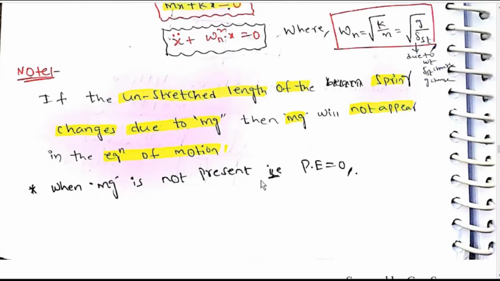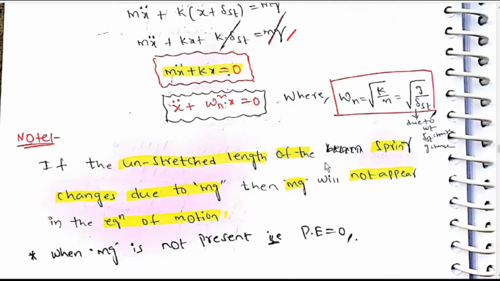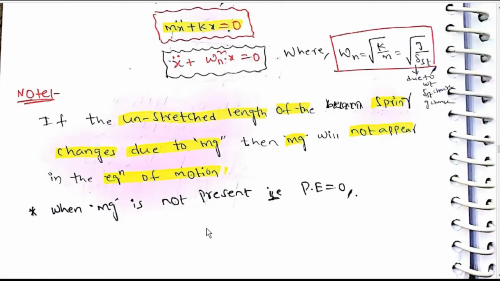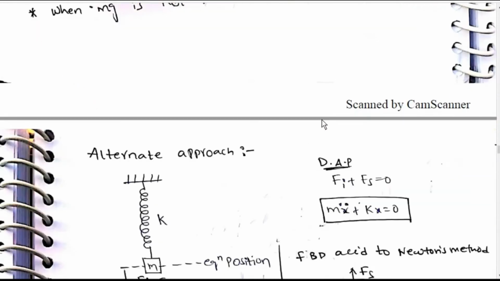When mg is not present, that is, p is equal to 0.